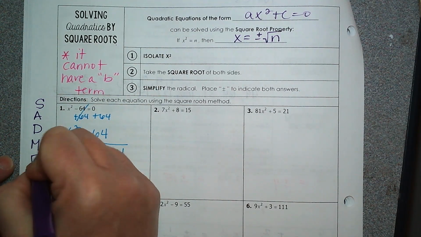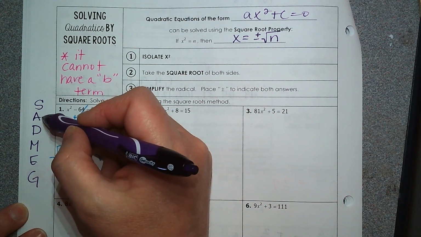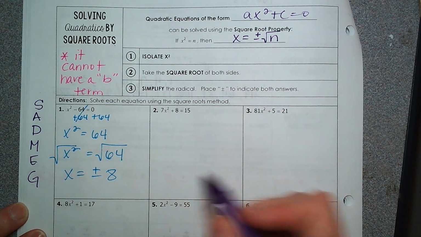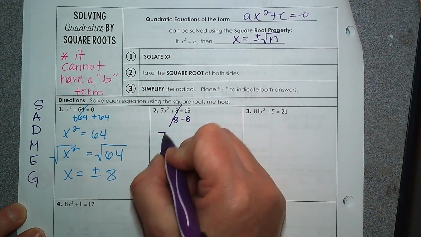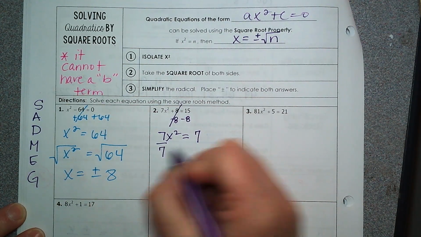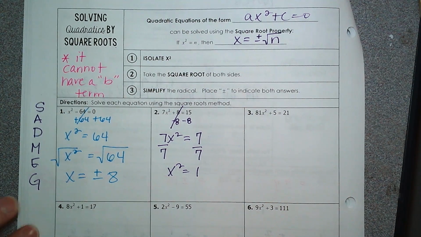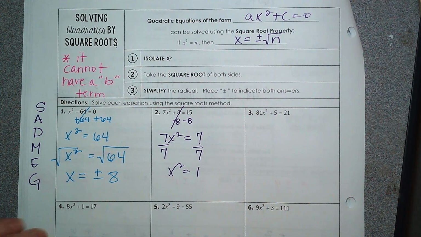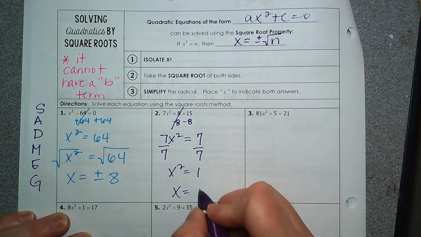Meg will be sad if we don't follow order of operations. So we do addition and subtraction first instead of last. So I'm going to subtract 8 from both sides, and then divide by 7. So x squared equals 1. To find x, I take the square root of both sides. So x equals plus or minus 1.